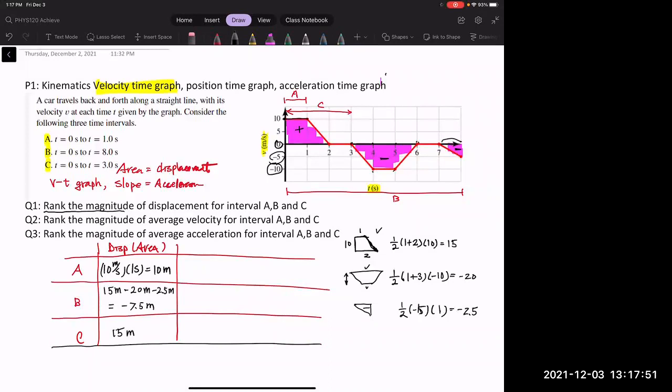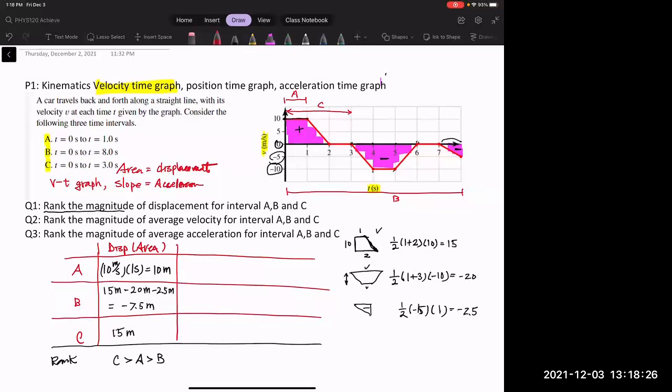So if you want to rank the magnitude of these three, then that would be A greater than, no, not A, actually it is C. So it's going to be C greater than A greater than B. That will be the rank for the displacement. All right, if you have a question, let me know. Otherwise, I'm just going to continue on this one here.